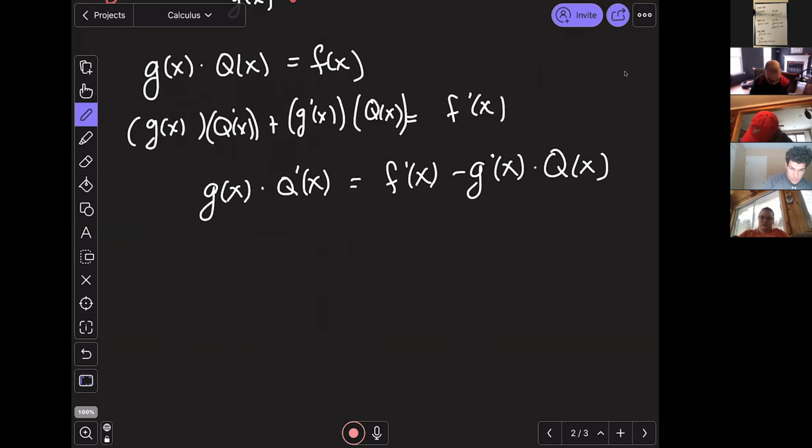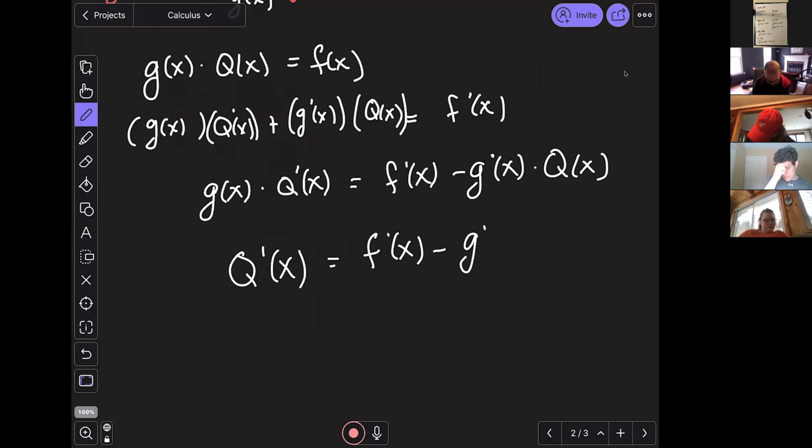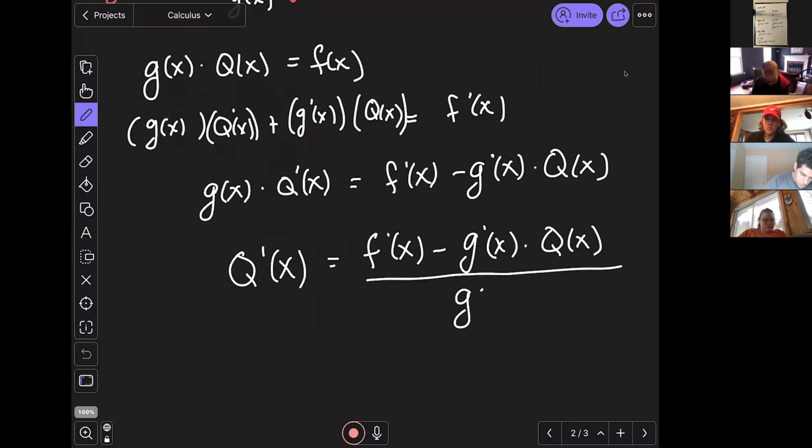Again, my goal is to get q prime by itself, so I'm going to divide both sides by g of x, and I'm left with this: q prime of x is the derivative of f minus the derivative of g times q of x, all divided by g of x.